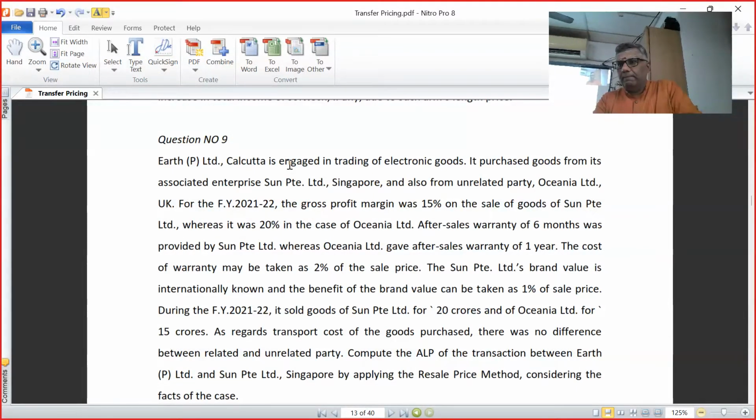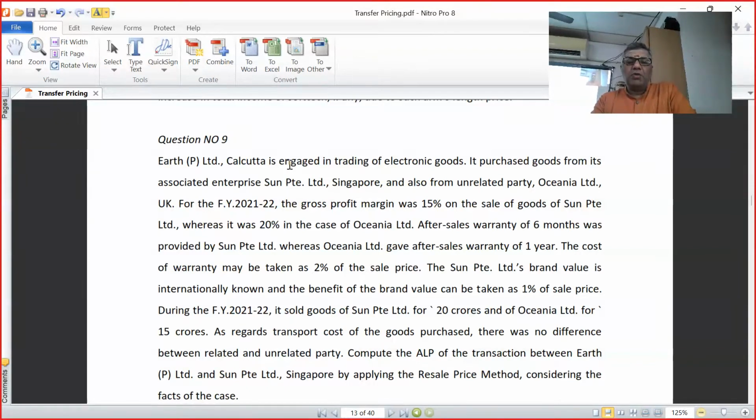Question number 9. Earth Private Limited, Calcutta, is engaged in trading of electronic goods. It purchased from its associated enterprise, Sun Private Limited, Singapore, and also from an unrelated party, Oceana Limited. For the financial year, the GP margin was 15% on sale of goods purchased from Sun Private Limited, whereas 20% in Oceana. After sales warranty of 6 months was provided by Sun Limited, whereas Oceana provided after sale warranty of 1 year.